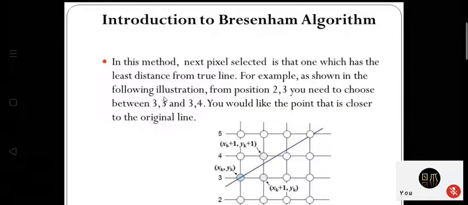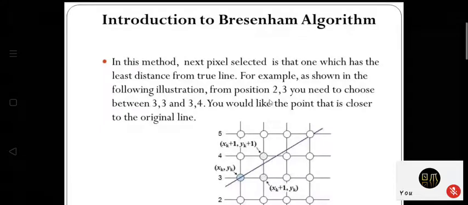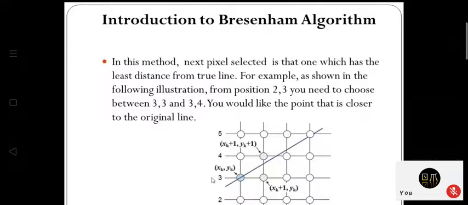Now in this method, how the next pixel would be chosen. Generally the next pixel is chosen based on how close that particular point is to the line. So basically how the point is closer or nearby to the line, that particular pixel is chosen. Now just look at the diagram over here. In this particular diagram, there is a starting point which is already given to you.